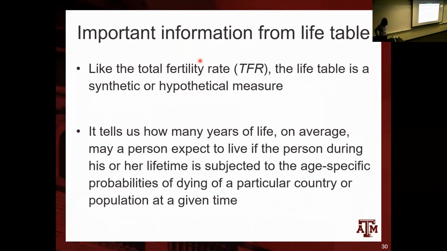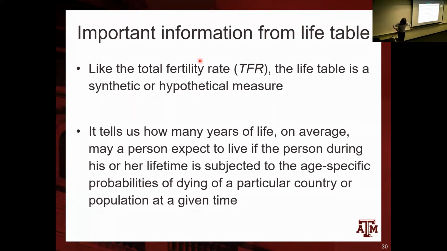So, like the total fertility rate, the life table is a synthetic or hypothetical measure. That's the same idea that I just said. It tells us how many years of life on average a person may expect to live if that person, during his or her lifetime, is subjected to the age-specific probabilities of dying of a particular country or population at a given time.